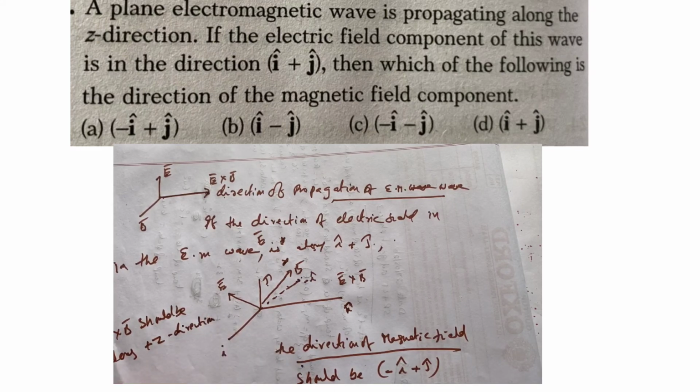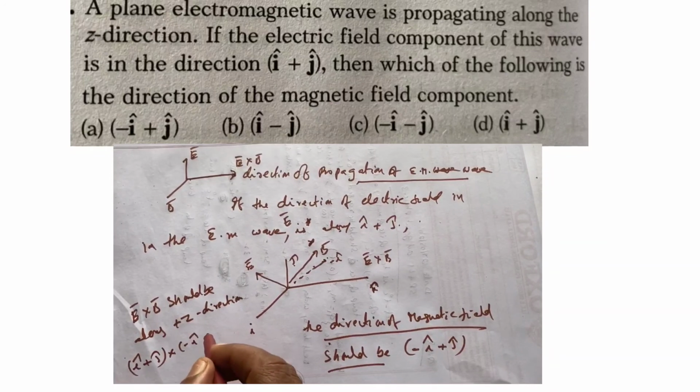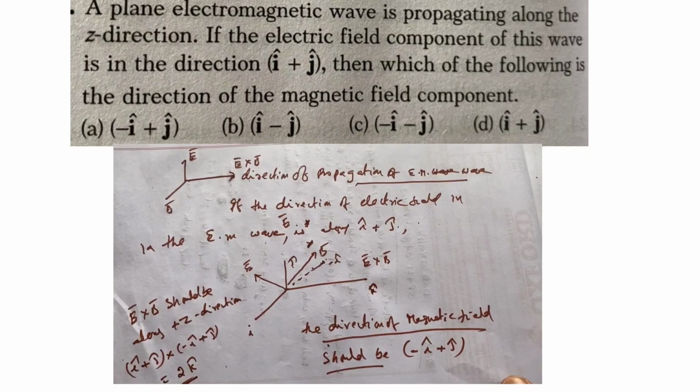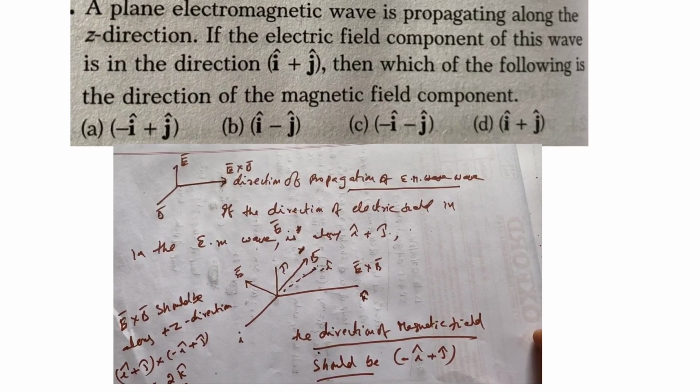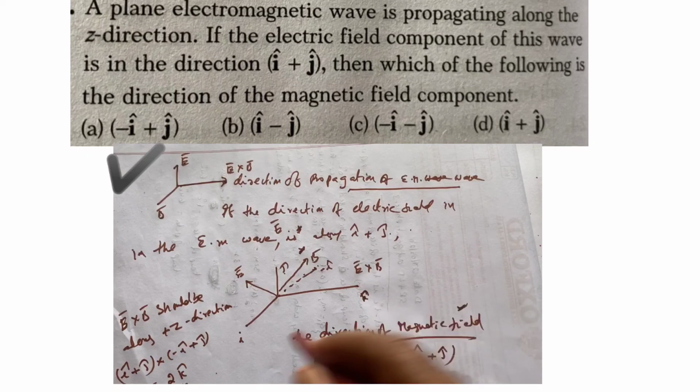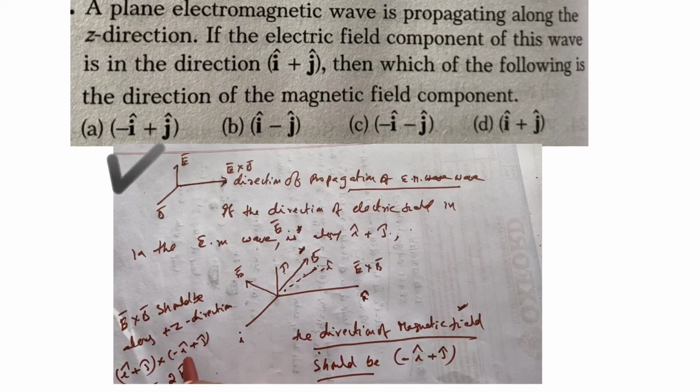So i cap plus j cap cross minus i cap plus j cap equals 2k cap. So this condition is satisfied, and the direction of B bar is along minus i cap plus j cap.